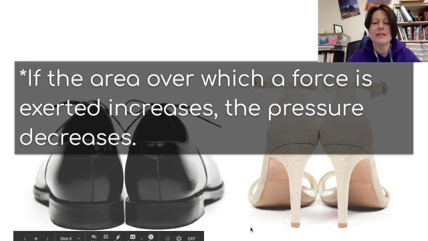And maybe the ladies have experienced this before where you can wear a pair of flat shoes and not poke through the ground or poke through anything, but you put heels on and that spike, that smaller area with the same amount of force will poke through soft ground, can actually damage flooring because it will poke through things.